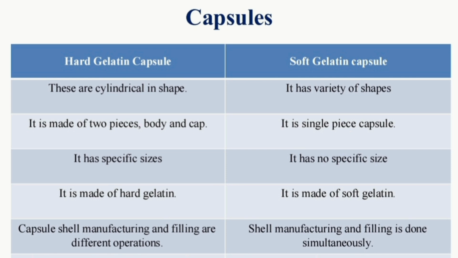Hard gelatin capsule has specific sizes, whereas there is no specific size for soft gelatin capsule. Hard gelatin capsule is made up of hard gelatin, whereas soft gelatin capsule is made up of soft gelatin. In case of hard gelatin capsule, the capsule shell manufacturing and filling are different operations. And in case of soft gelatin capsules, the shell manufacturing and filling is done simultaneously.